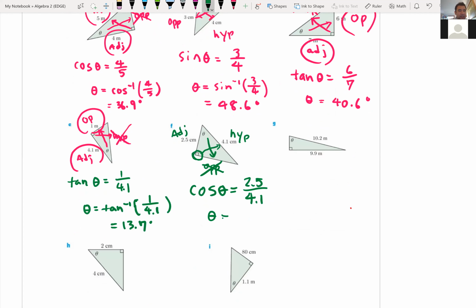To find the angle measurement, we simply take the inverse cosine of 2.5 divided by 4.1.